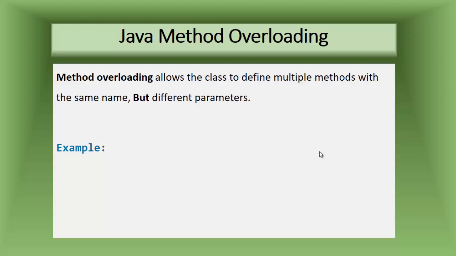When we declare multiple methods by the same name in the same class, and our methods work in different ways, not the same way, when more than one method of the same name is created in a class, this type of method is called an overloaded method.